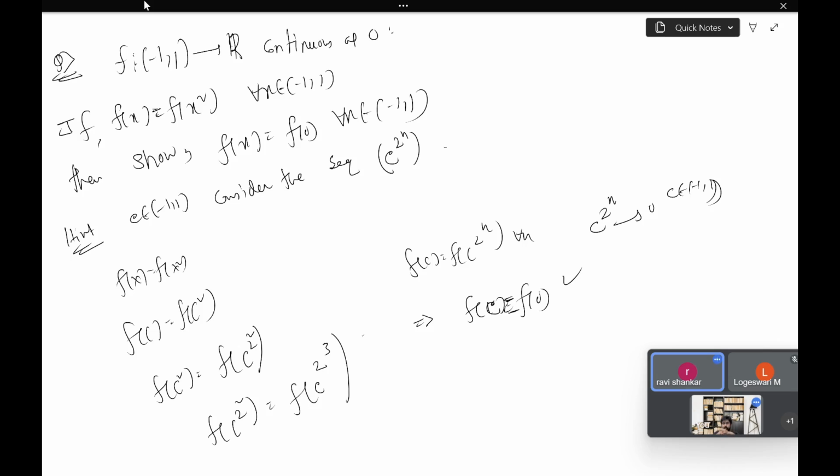Yes, sir. Okay, thank you. Good. Sir, this f(c) equals f(0), how would we conclude this? I mean, since c to the power 2 to the power n goes to 0, that's why f(c to the power 2 to the power n) goes to f(0), right? Correct?